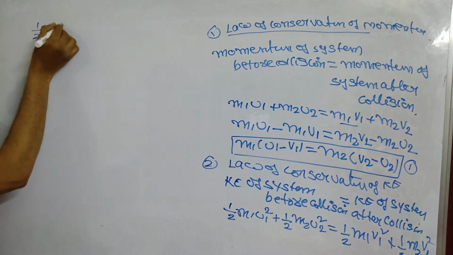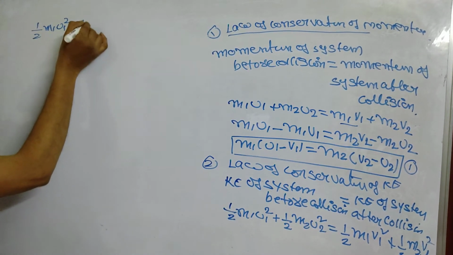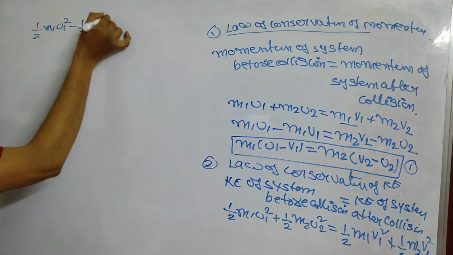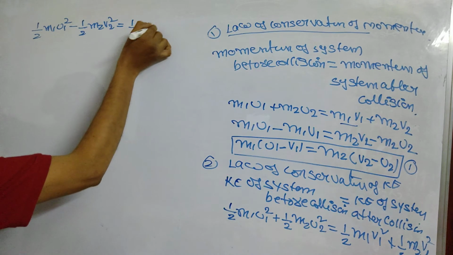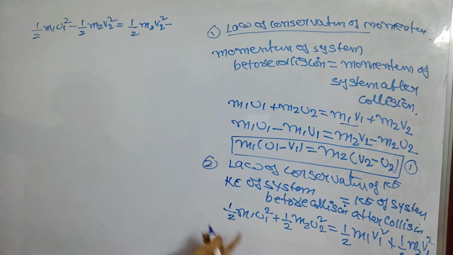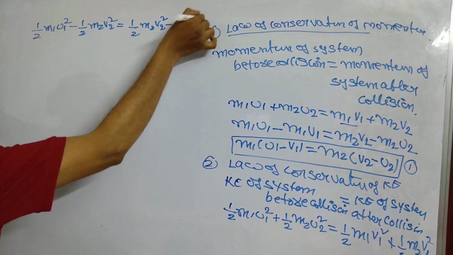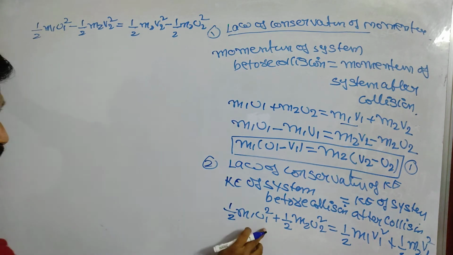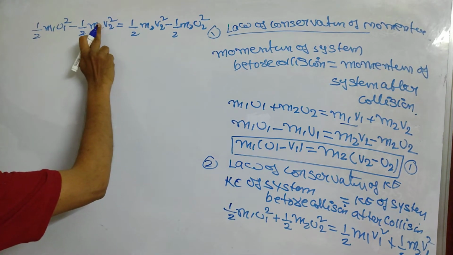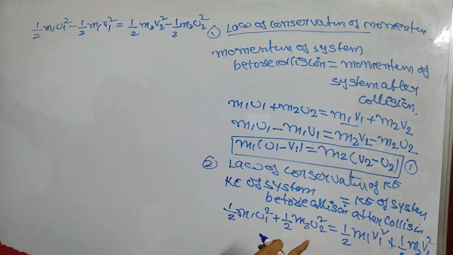Half m1 u1 square minus half m1 v1 square should be equal to half m2 v2 square minus half m2 u2 square.